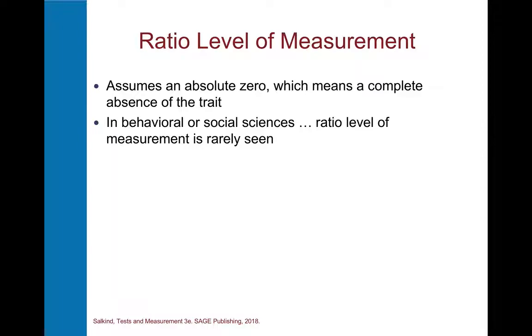Not necessarily, because it's hard to argue that intelligence has an absolute 0. We can say that we can measure intelligence on an interval scale, but that means that we've just gone one step down. So know what the difference is between a ratio level of measurement compared to an interval level of measurement compared to an ordinal and nominal level of measurement.